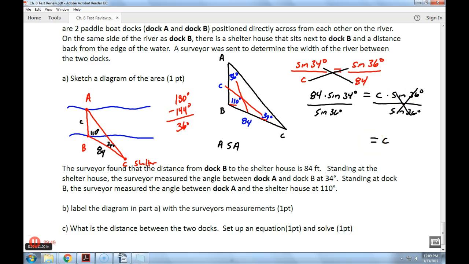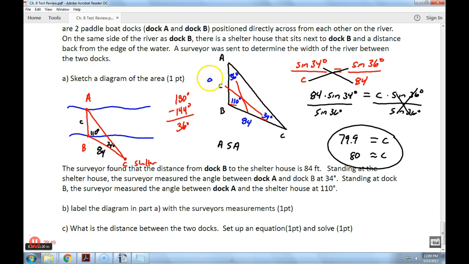Let me punch this in my calculator. 84 times the sine of 34, divided by sine of 36, is 79.9. So about 80 would be how far it is across the river.